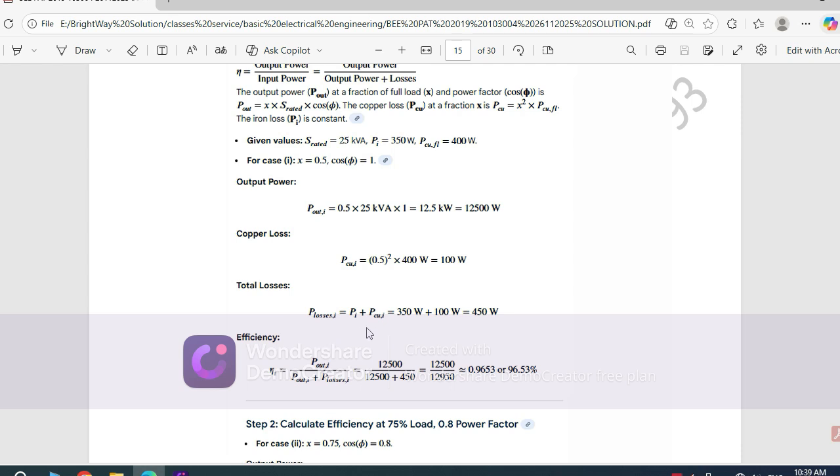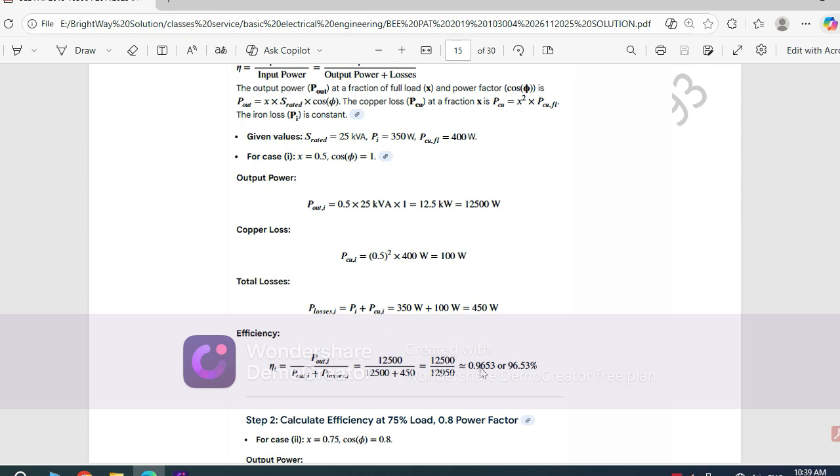So iron loss 350 watt plus copper loss 100 watt, you get 450 watt total loss. Efficiency is P out upon P out plus P losses, that is 12,500 upon 12,500 plus 450, and you get an efficiency of 96.53%. This is the first sub-question answer.